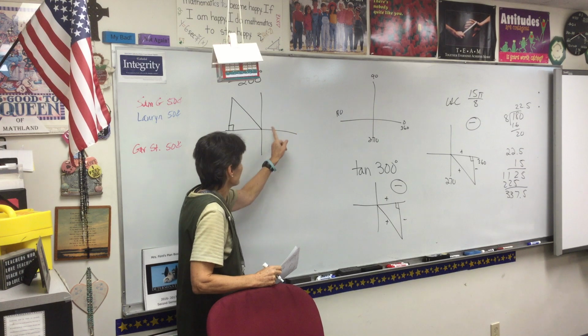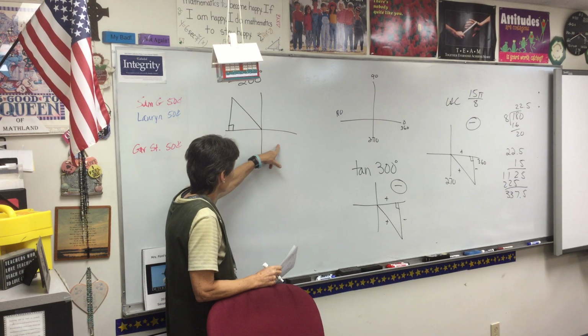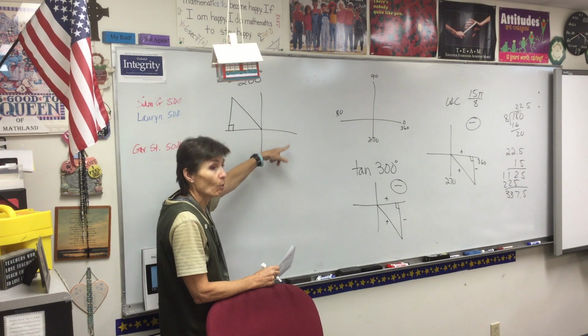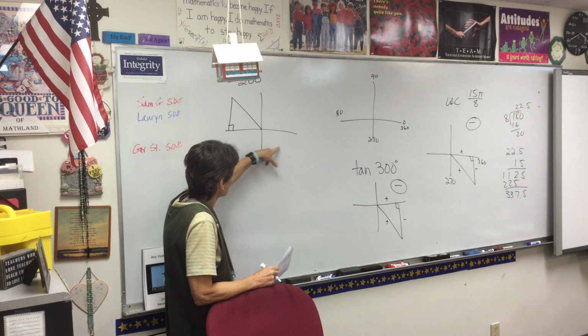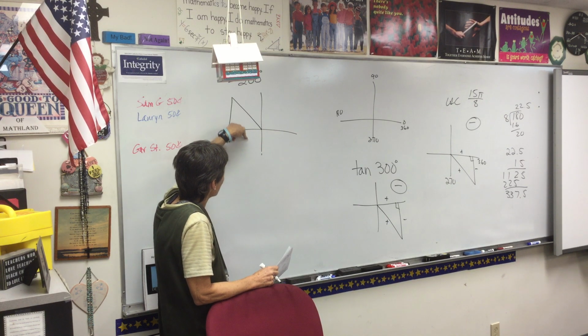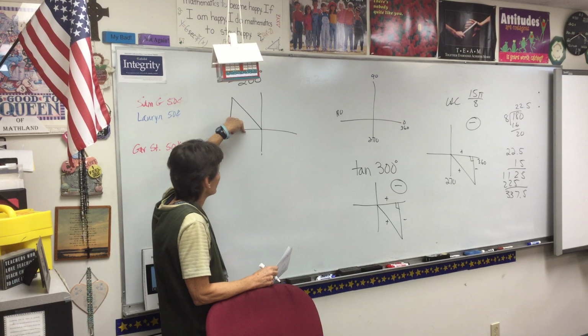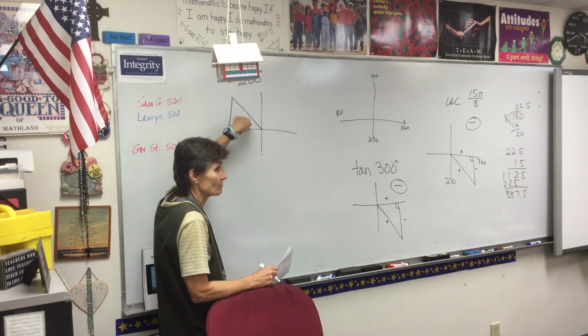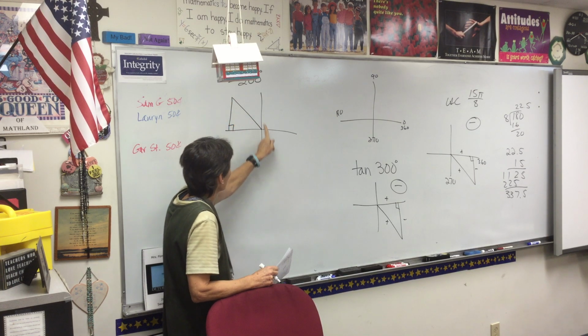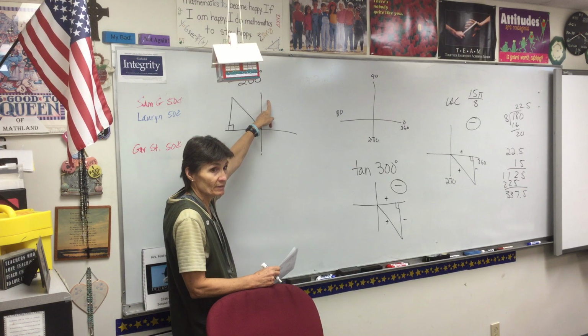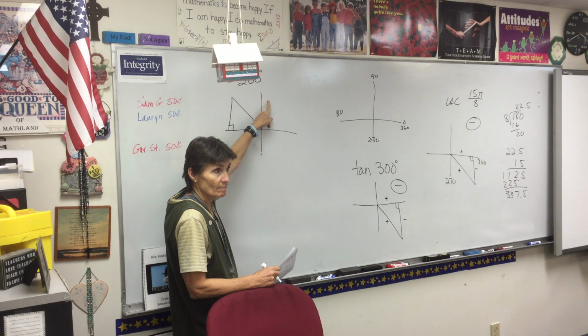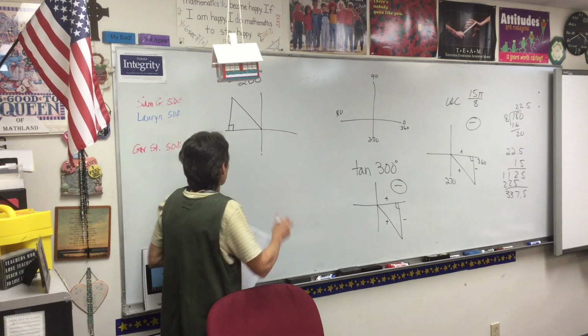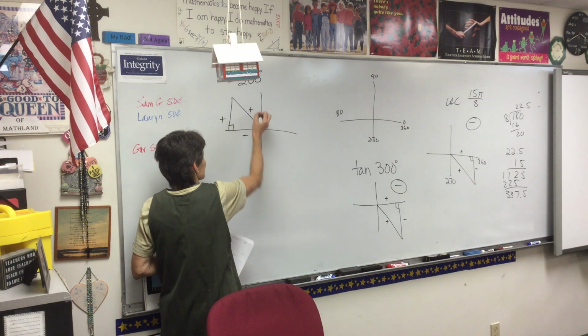Because again, we're starting here, always start here. Going this direction is negative, down is negative. So negative 90, negative 180, and then a little bit past that would be negative 200. If you went all the way to here, it would be negative 270. So our sides are negative, positive, positive, right?